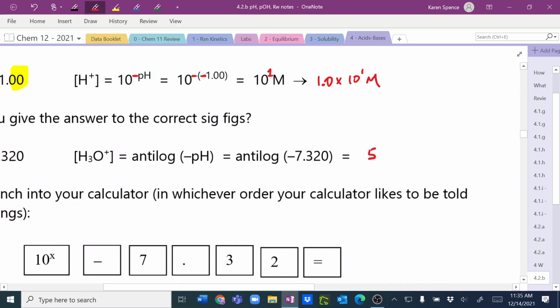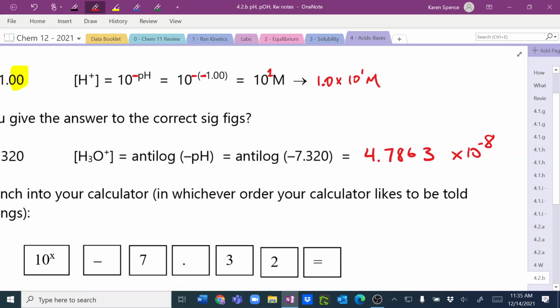I get 5.8884 times 10 to the minus 8. Is that what you get? No, maybe I punched it in wrong. Let me see. 7.32 negative antilog. How about 4.786? Does that sound better? Okay, I punched the button wrong. 4.7863 times 10 to the negative 8.